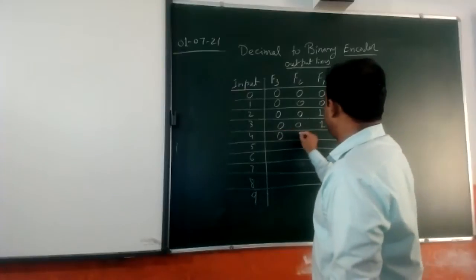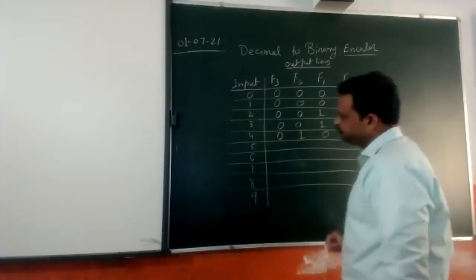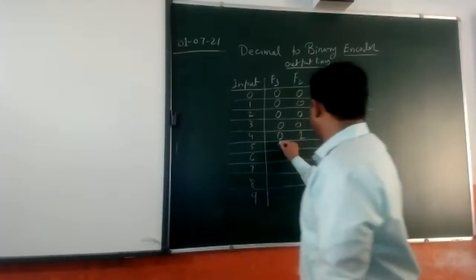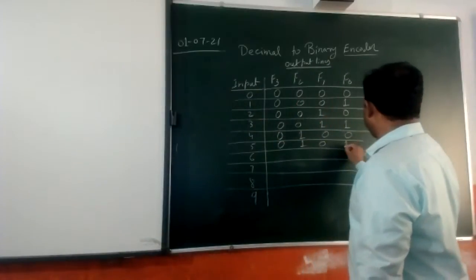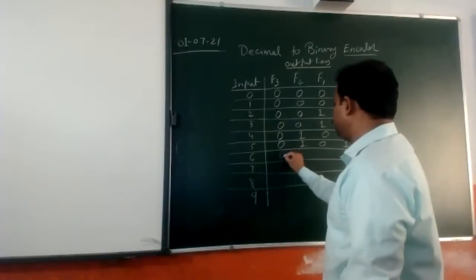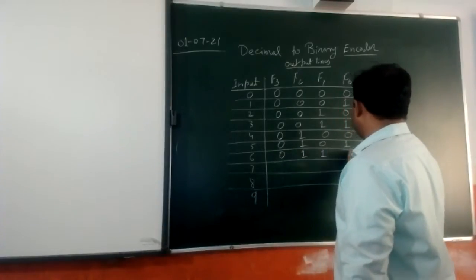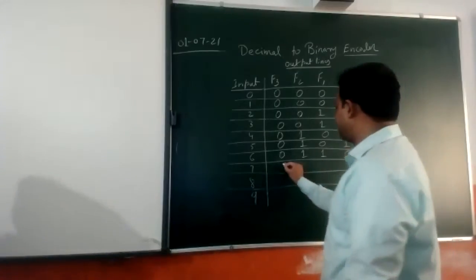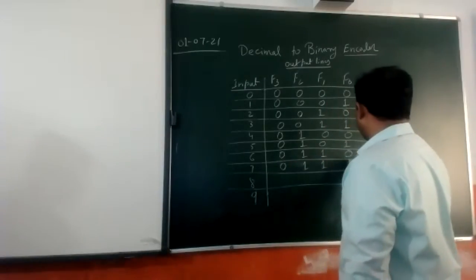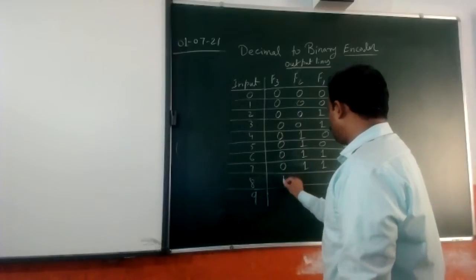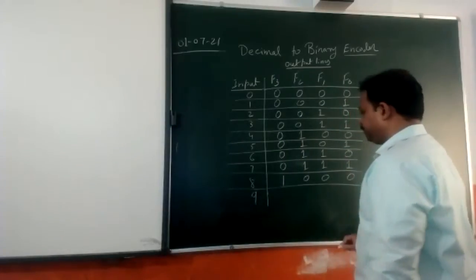3 I can write 0, 0, 1, 1. 4 I can write 0, 1, 0, 0. 5 I can write 0, 1, 0, 1. 6 I can write 0, 1, 1, 0. 7 I can write 0, 1, 1, 1. 8 I can write 1, 0, 0, 0.